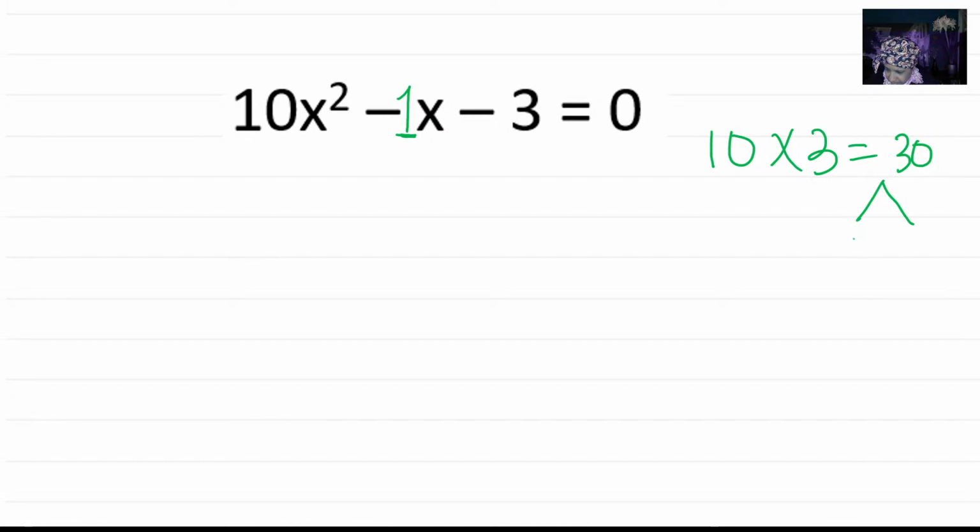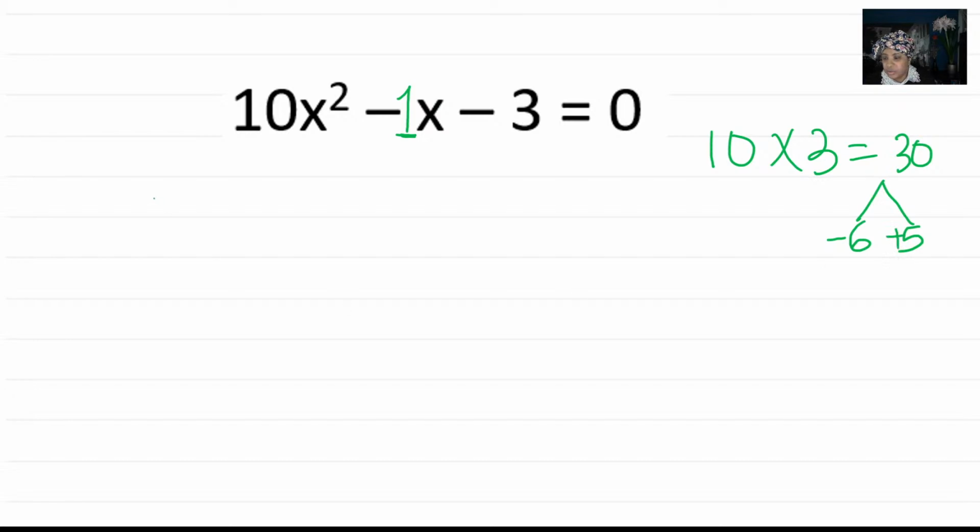It's 1, okay? You're absolutely right. There is a -1 there. So the numbers that make 30 are 6 and 5. That can give you a -1. Because it is a -1, the bigger one needs to be the negative, and the smaller one needs to be the plus.